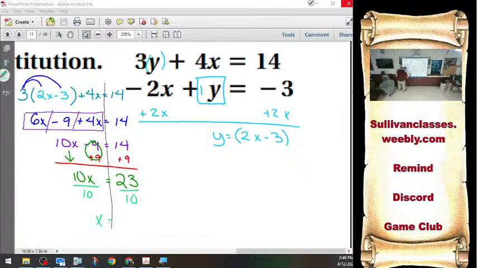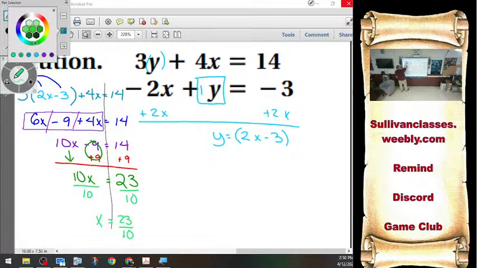You just get that. 23 tenths. Can I simplify that? 23 and 10 have a factor in common? No, it is not. Okay. You have an x. Better find out why.